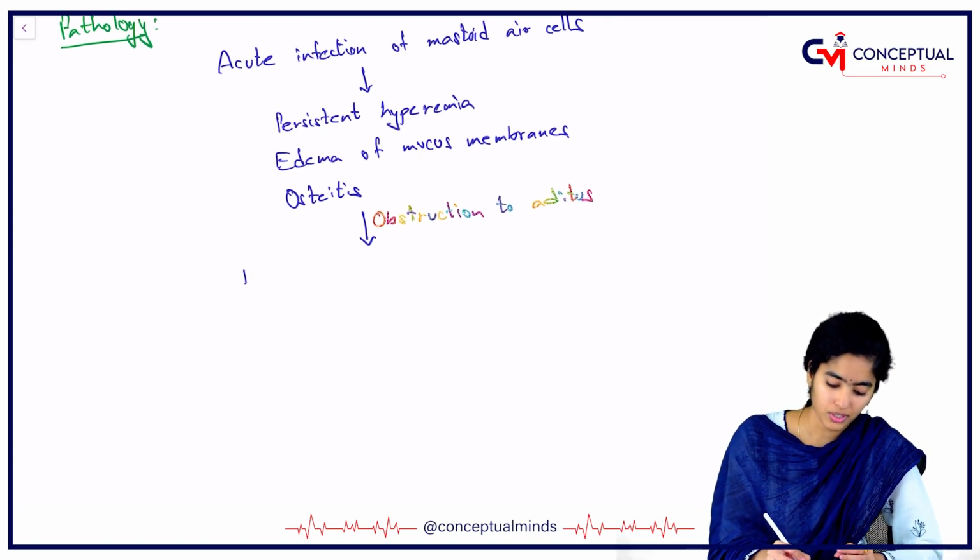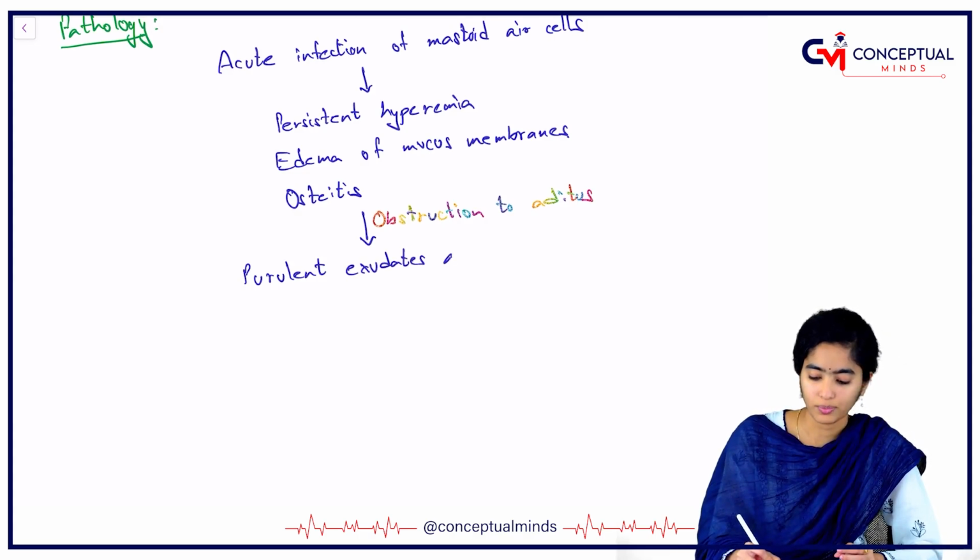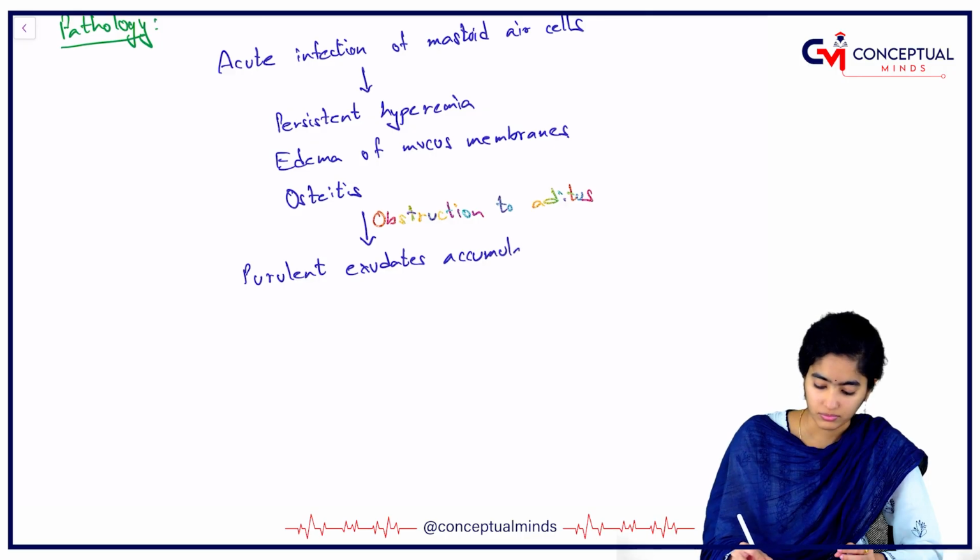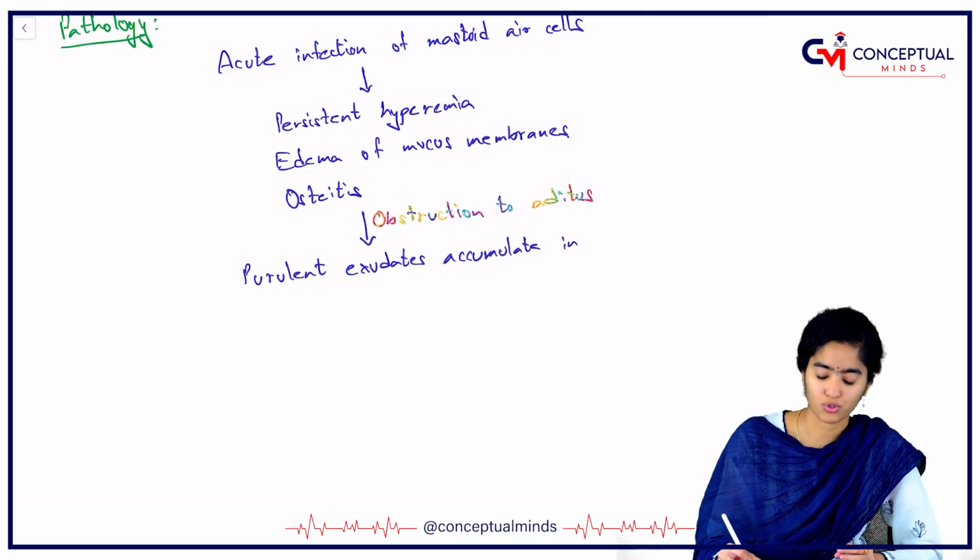There is further formation of pus. So, purulent exudates accumulate in the antrum.